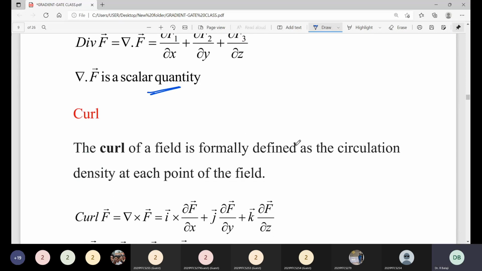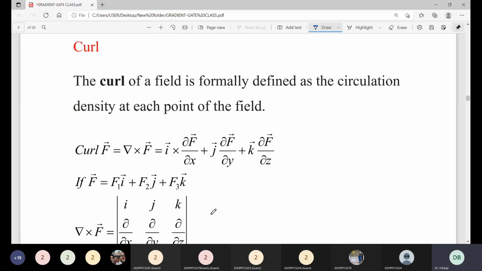The curl of a vector field is formally defined as the circulation density at each point of the field. Curl is equal to del cross f. So, del is nothing but i ∂/∂x plus j ∂/∂y plus k ∂/∂z, cross f vector f1, f2, f3.